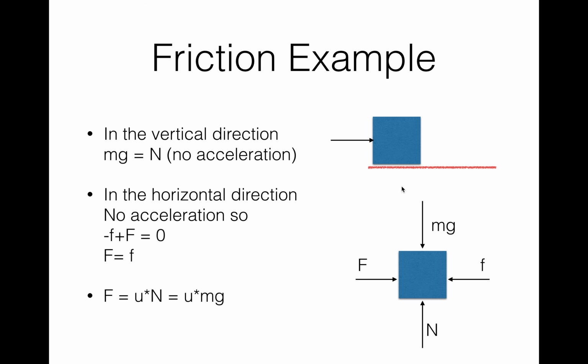So between the floor and the shoe, for example, or between a box and the floor. And times a coefficient of friction. The coefficient of friction doesn't have any units. It's unitless. Okay. Which is something you should work out for yourself, given this relationship here, that the force of friction is equal to the coefficient of friction times the normal force.